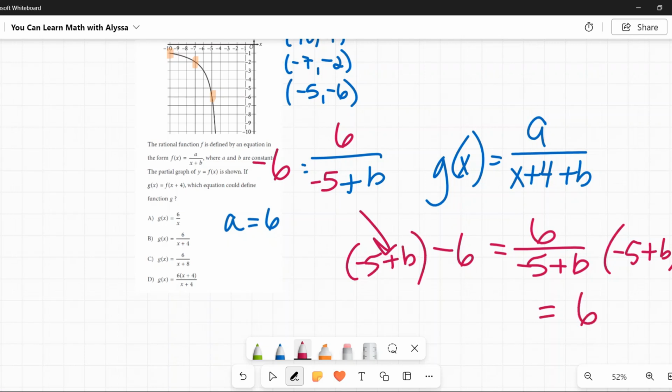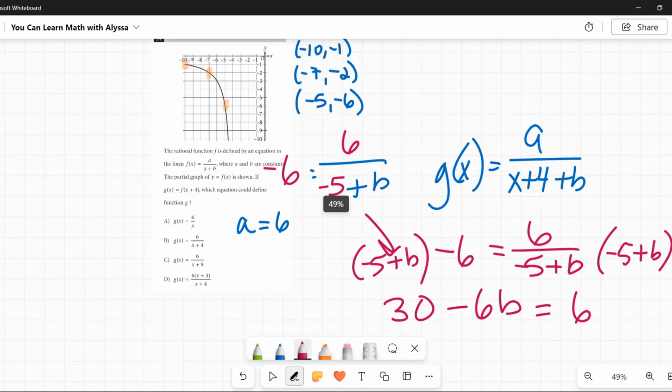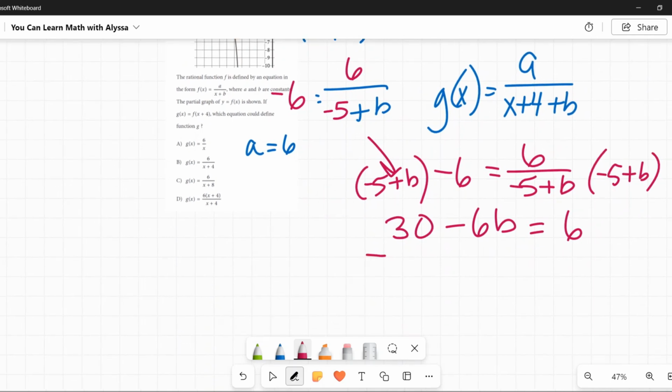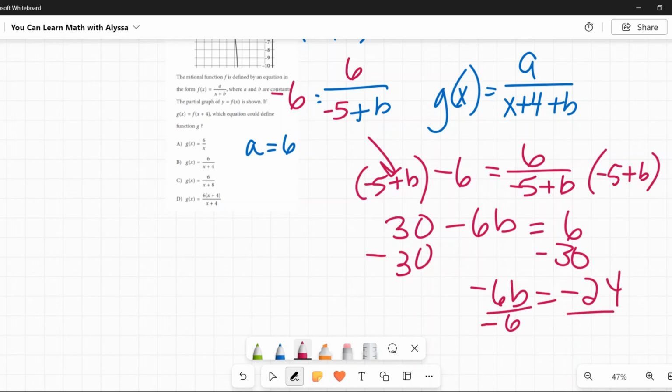That just leaves 6 on the right, then you distribute. -6 times -5 is positive 30. -6 times b is -6b. And then you subtract 30 from both sides. I am going through this pretty quickly. 6 minus 30 is -24. Divide both sides by -6, and b is 4.